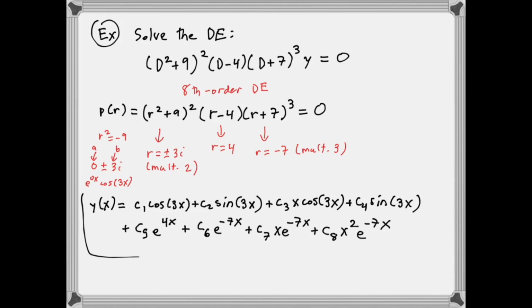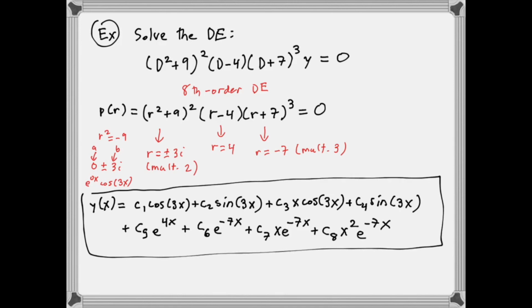And this is how we would write our general solution. So as long as you can factor, you know how to find the roots of a polynomial, then you can figure out the general solution to any homogeneous linear differential equation that has constant coefficients.